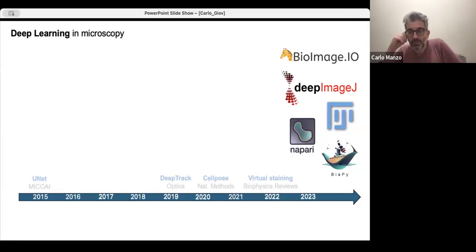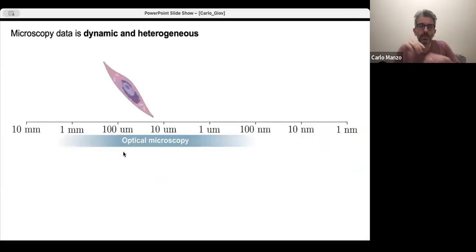If we restrict ourselves to optical microscopy, we can move to the next slide. So optical microscopy scans several scales, both from the spatial and temporal point of view. And if we only think about the cellular level, we are limited in the region between 10 and 100 microns and seconds to minutes.